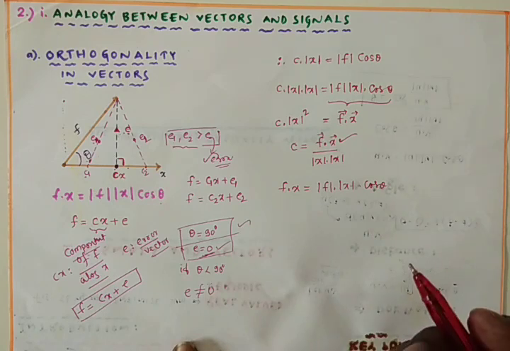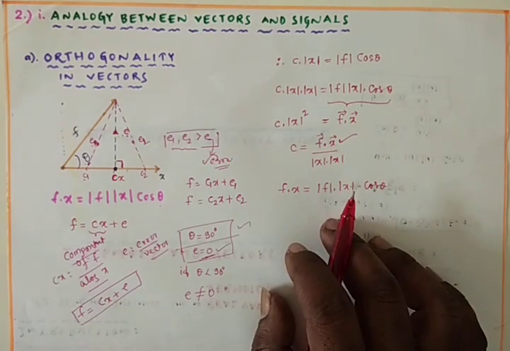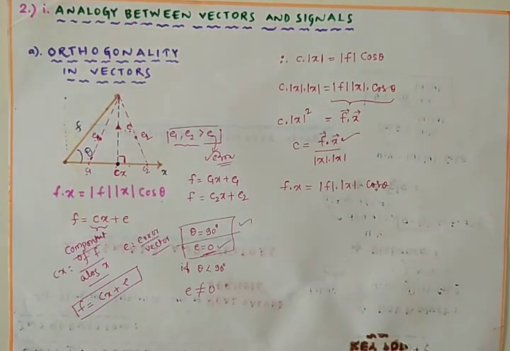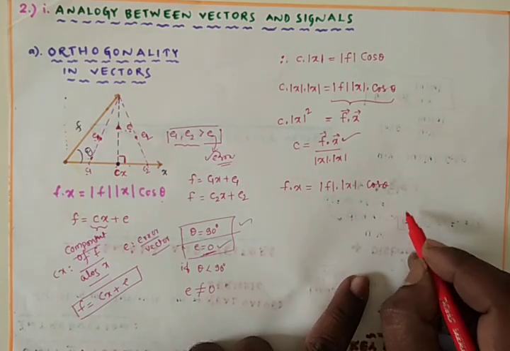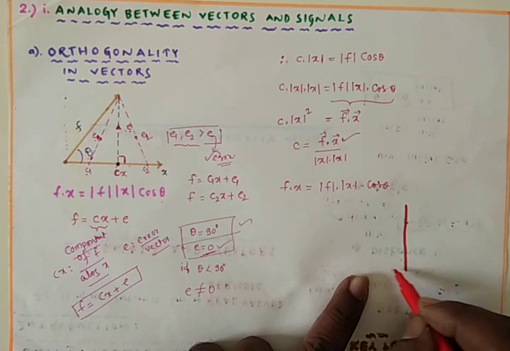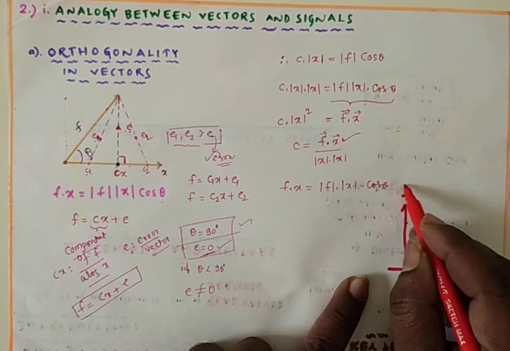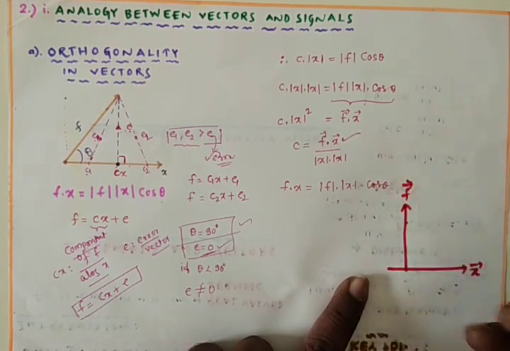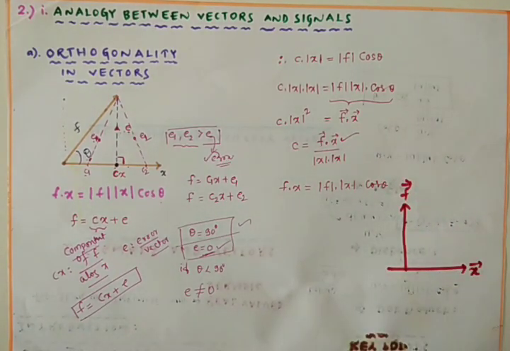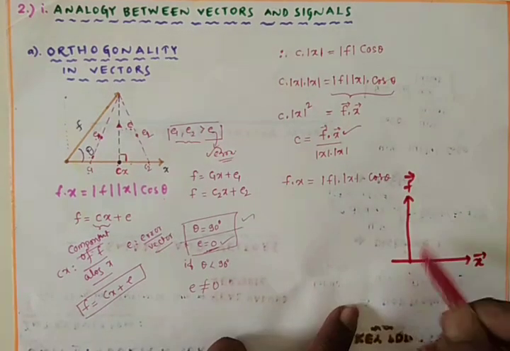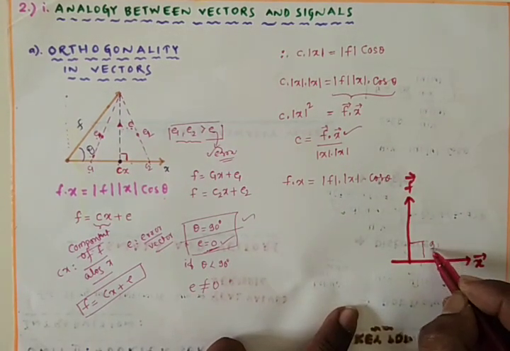Now I am saying that these two signals are orthogonal to each other. Assume this is F and this is X, two vectors, and the angle between them is 90 degrees now.